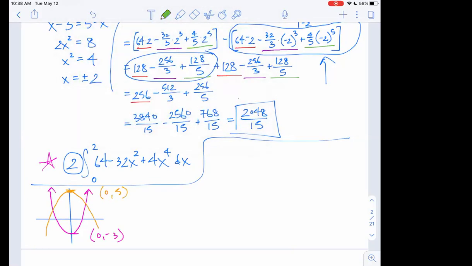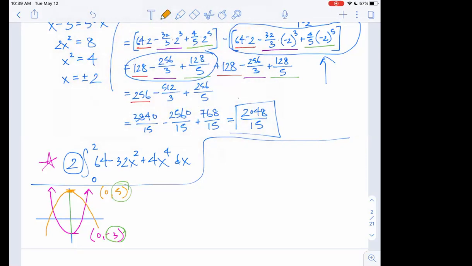So maybe one question that I could ask is, how long is the distance between the vertex of the orange parabola and the vertex of the pink parabola? 8. How did you get that? 5 plus 3. Okay. But maybe another way you could have thought about that is 5 minus -3. Right? Okay. So let me just write some arbitrary points.